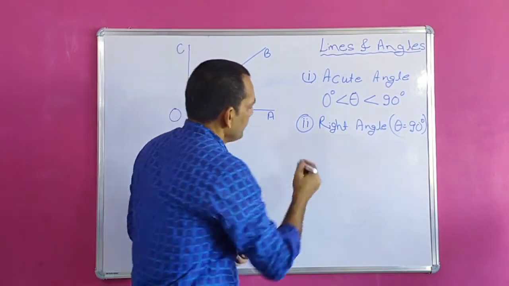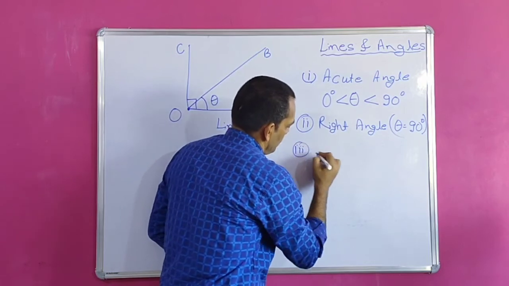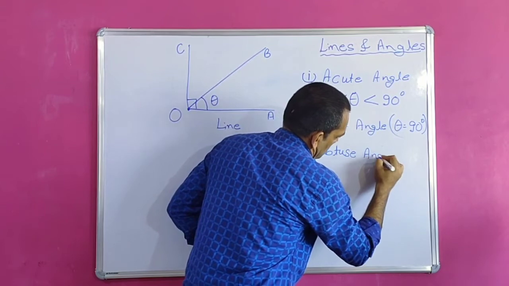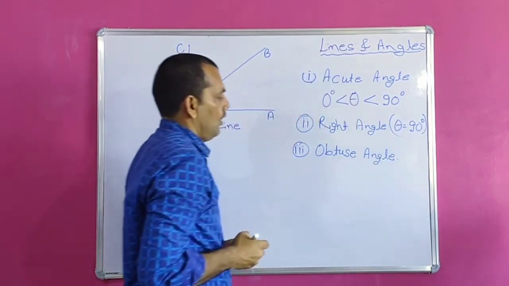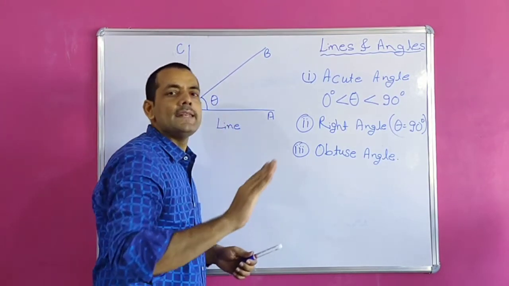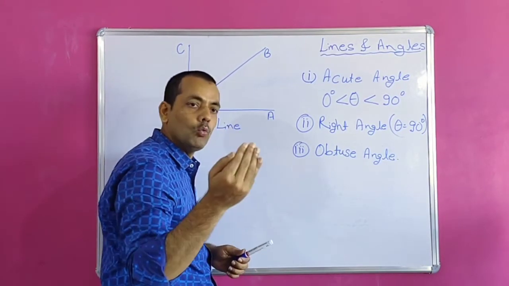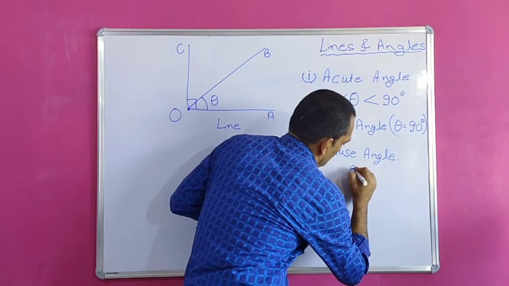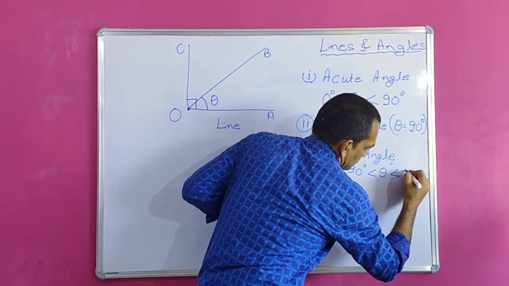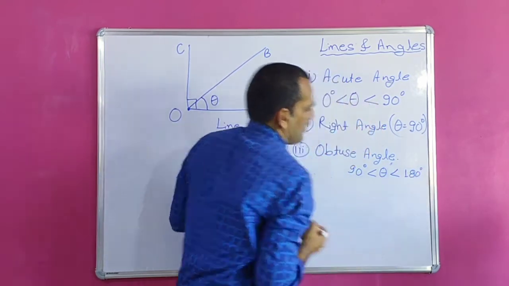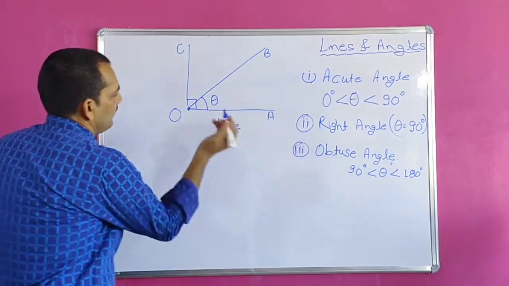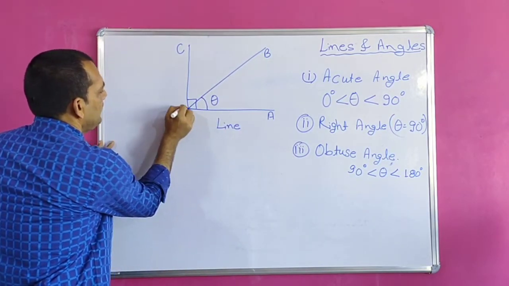Case 3, obtuse angle. What is an obtuse angle? If the value of theta is more than 90 but less than 180, it is known as an obtuse angle. We can draw any figure like this.